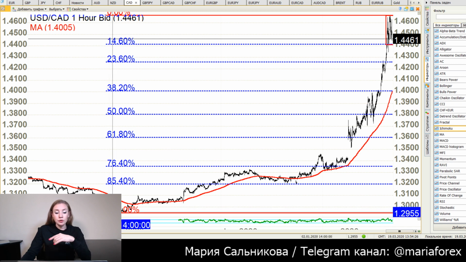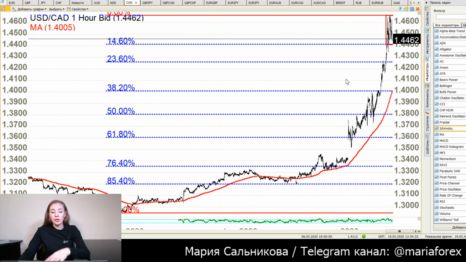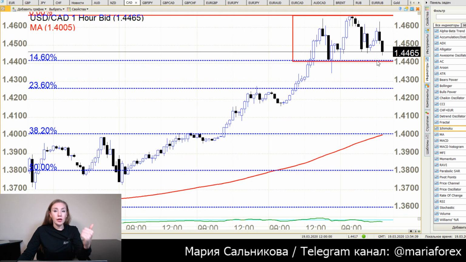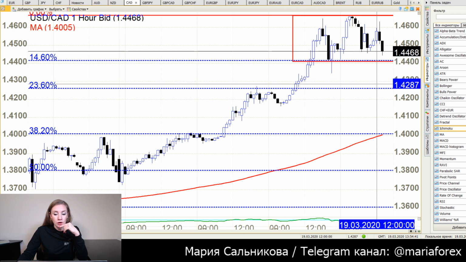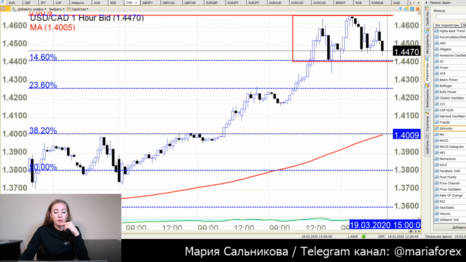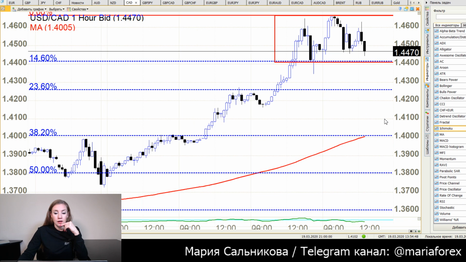So yes, you have this upgoing price, and you measure all this way up with the Fibonacci levels, and you get three correction levels: 1.44, 1.4265, and after that 1.40.